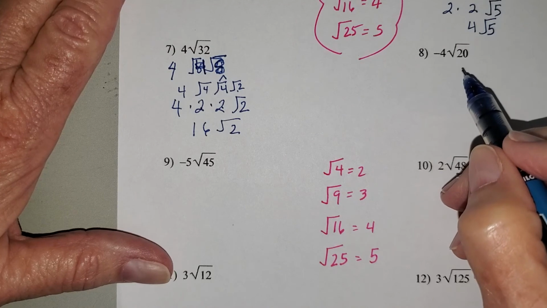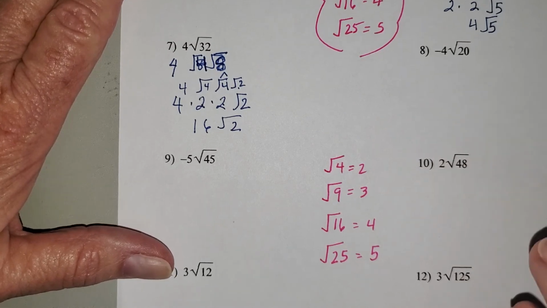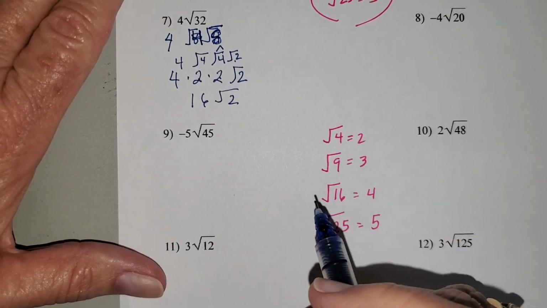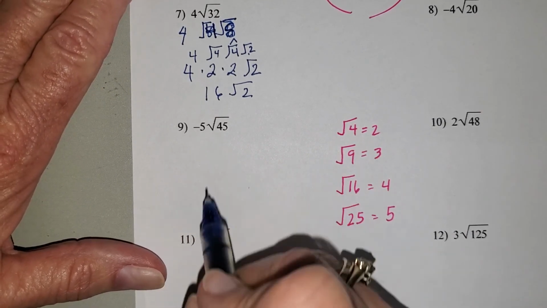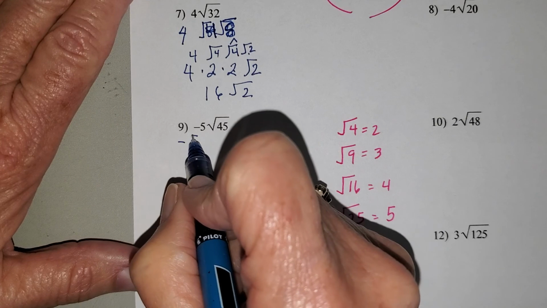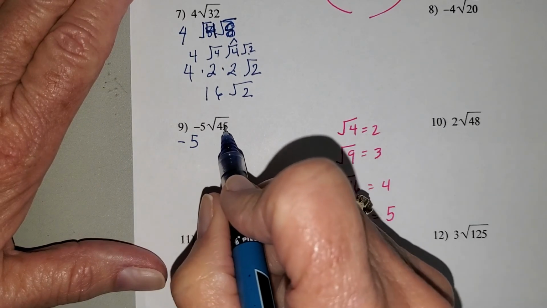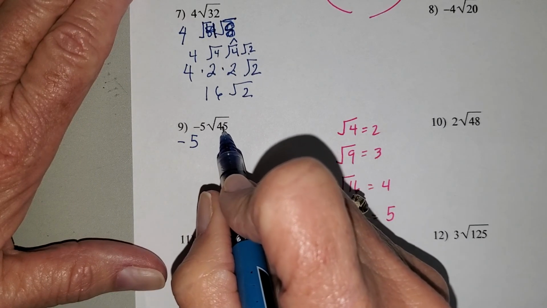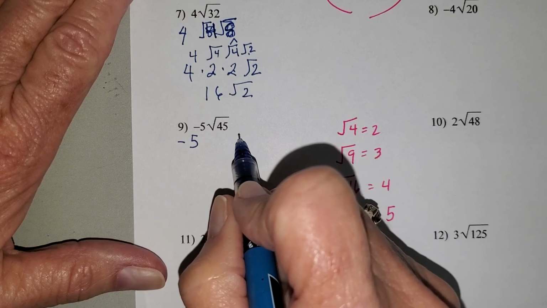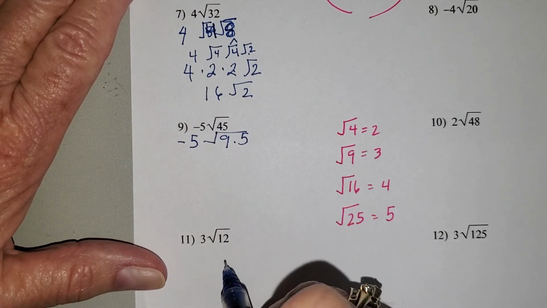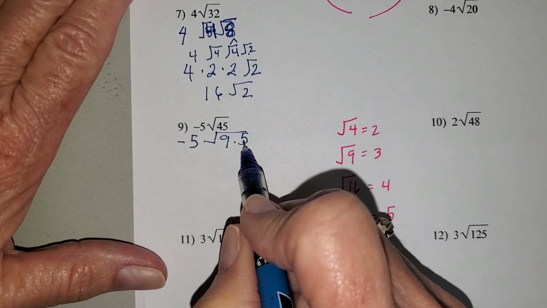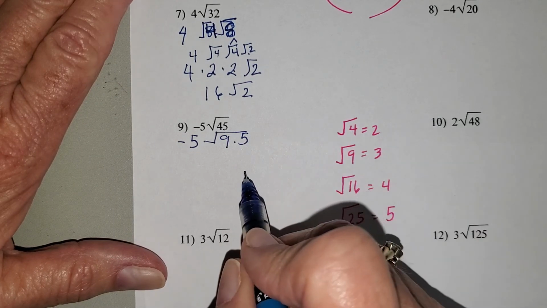20. I feel like we already did 20. We did. So let's look at another one. Let's look at this one, 45. So negative 5 times the square root of 45. So we'll bring down the negative 5. It's outside the radical sign. We'll factor 45 as 9 times 5. Can we factor 5 anymore using a perfect square?